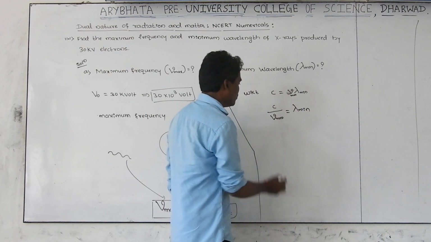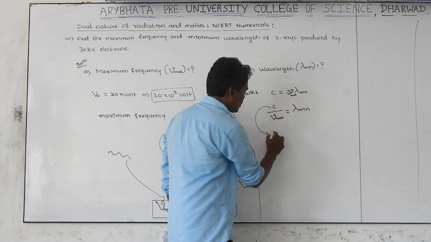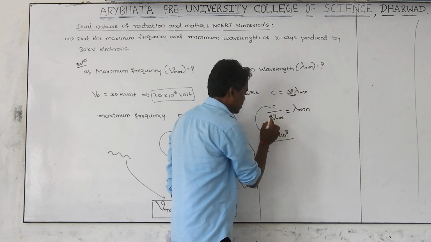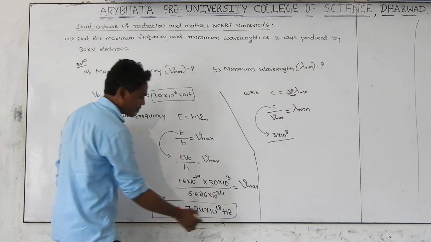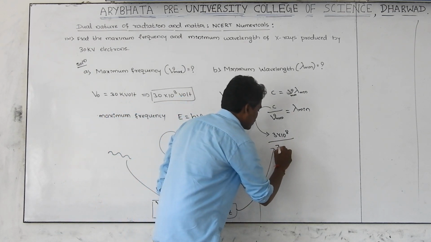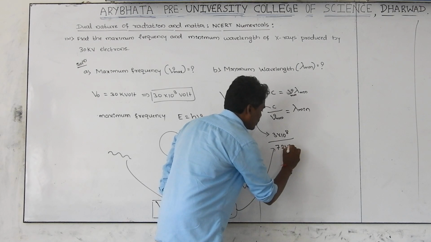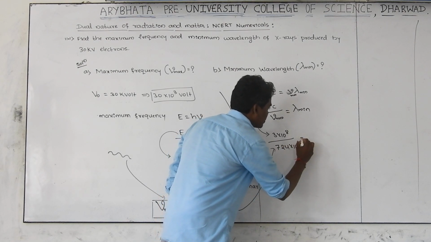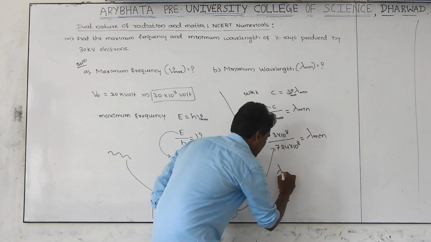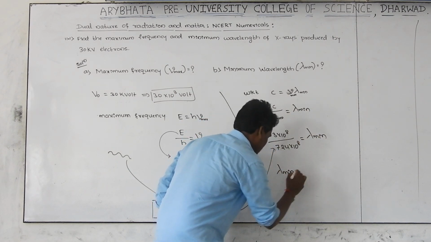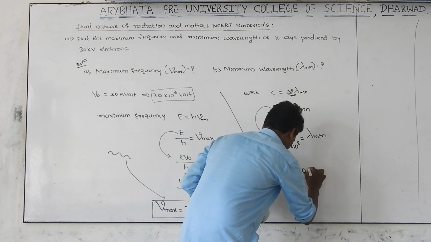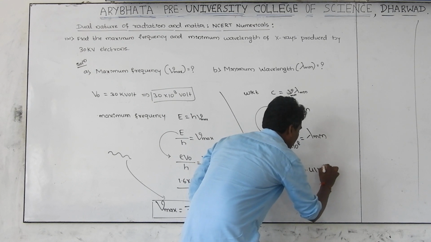Then substitute the values. You know very well the c value: 3 into 10 to the power of 8 meter per second, divided by the value already found, 7.24 into 10 to the power of 18. This is equal to lambda minimum. After calculation, lambda minimum is 0.041 into 10 to the power of minus 10.